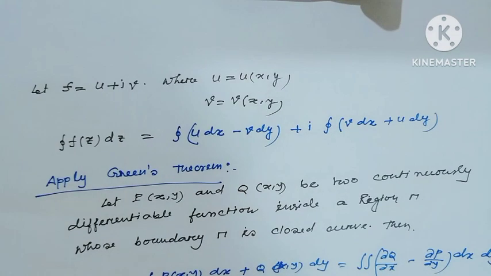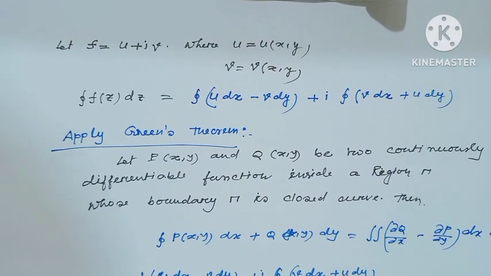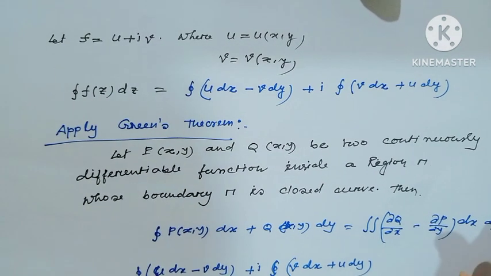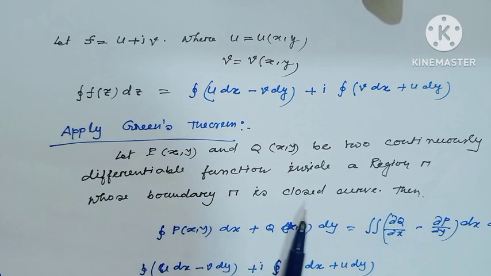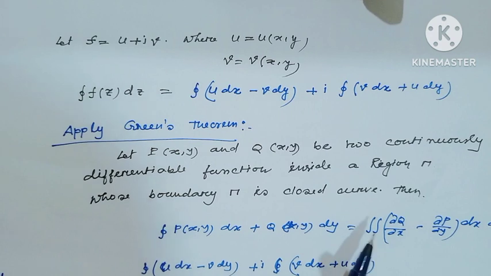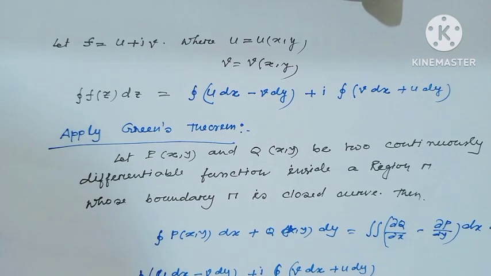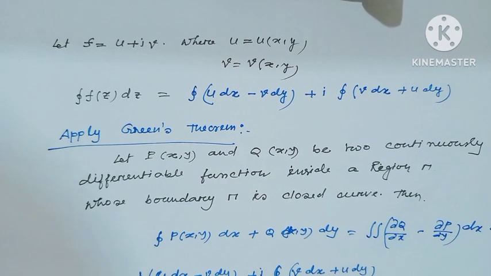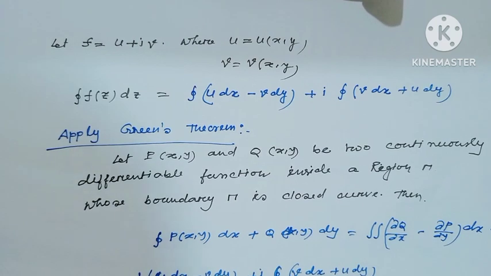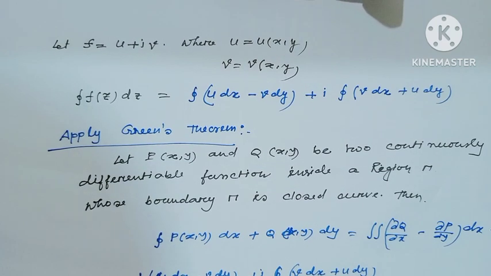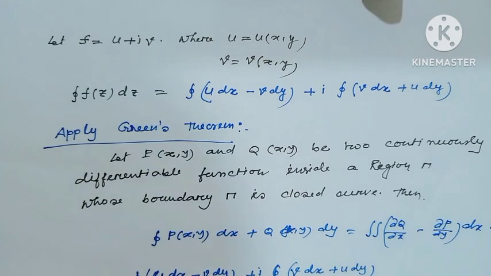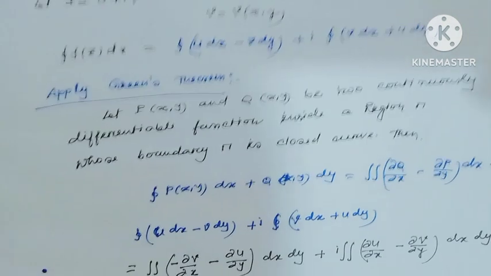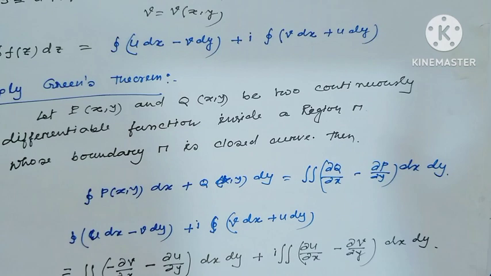Let P(x,y) and Q(x,y) be two continuously differentiable functions inside the region whose boundary Γ is a closed curve. Then the integral of P dx plus Q dy, by Green's theorem, is equal to the double integral of (∂Q/∂x minus ∂P/∂y) dx dy.